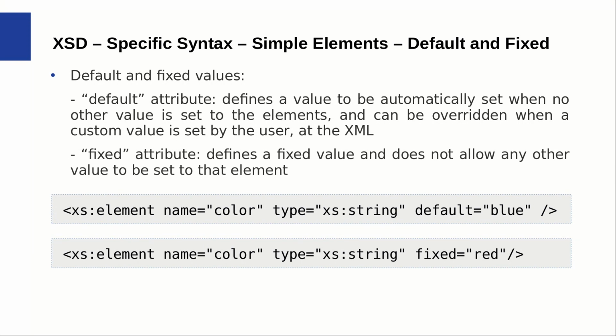For example, we can set a color element string value to blue, and if we use the default attribute for setting that blue value, then if no value is set for that color element in the XML instance, the color will be automatically set to blue, which is the default we are setting here in the XSD.